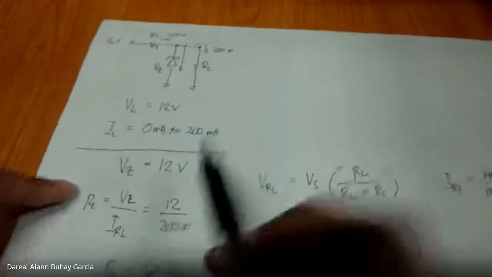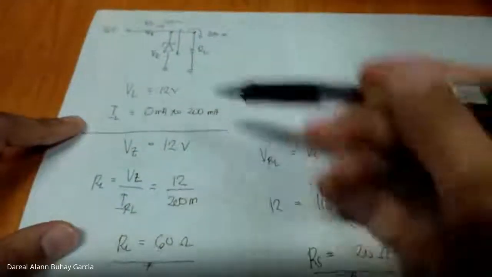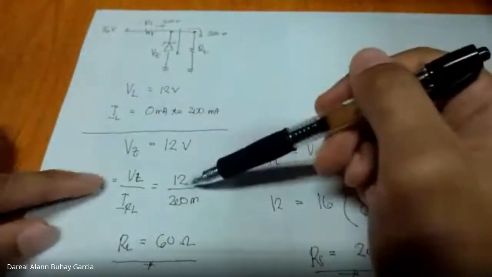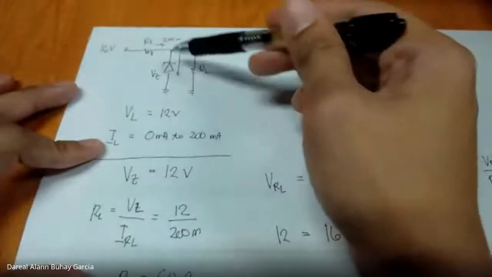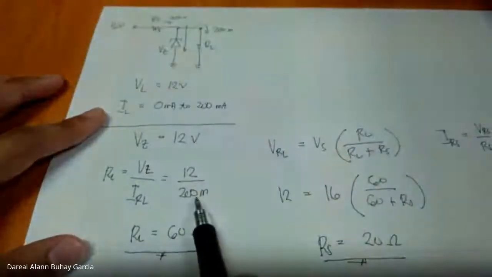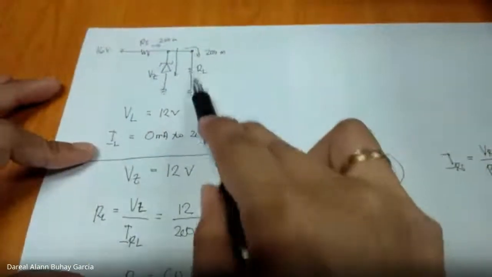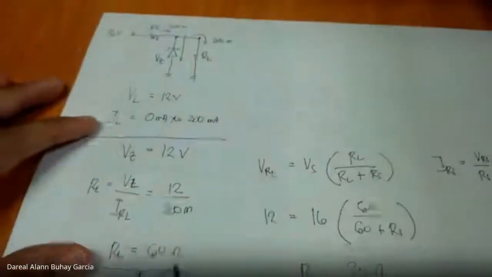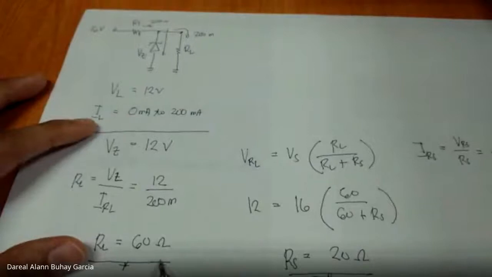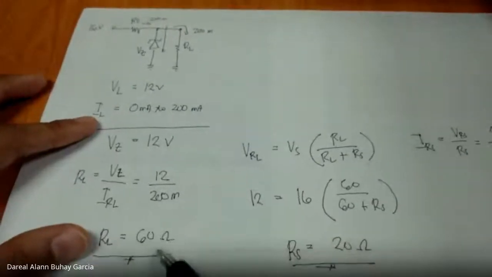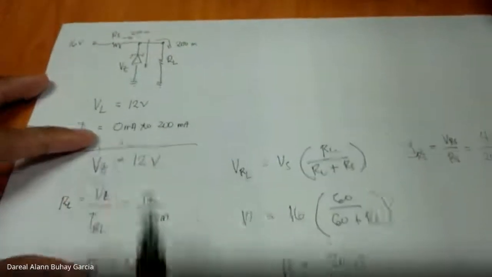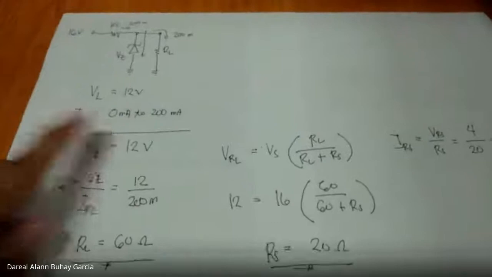So first, sakto na itong solution. So 12 divided by 200 milli, maximum niyang ma-receive. Or minimum, okay? At 1 milliampere, yung feed is 0, of course.